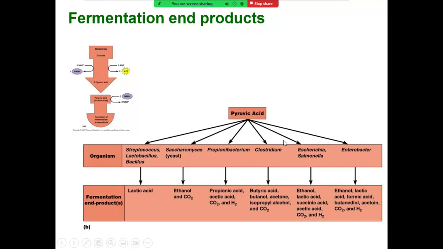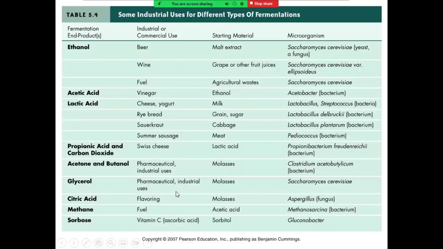They can be used in industry to make various products like isopropyl alcohol, maybe lactic acid. And this is showing you some industrial uses of different types of fermentation. Do not memorize them. It's showing you the fermentation end product, ethanol, lactic acid. Oh, there's rye bread, sauerkraut, summer sausage. Ethanol is also used to make fuel for your car. I'm not going to talk about those.